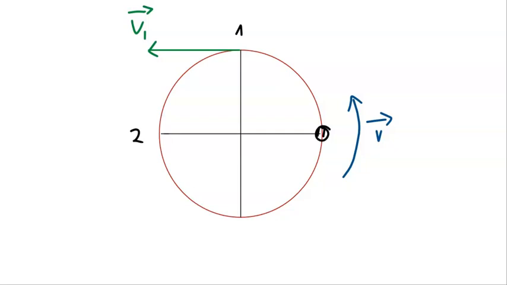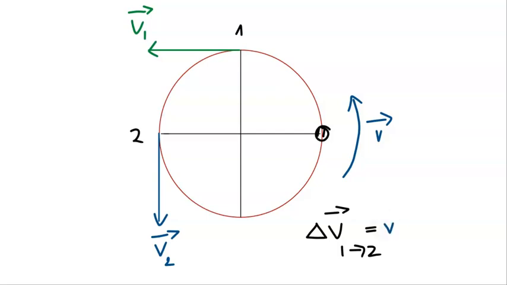By the time the object gets to point 2, its velocity there will be vertically downward, shown by this blue arrow, and let's denote it with v2. So 2 is the final point, 1 is the initial point. You can look at it that way. Now let's compute the difference between v2 and v1. The change in velocity of the object as it goes from 1 to 2 is given by v2 minus v1.